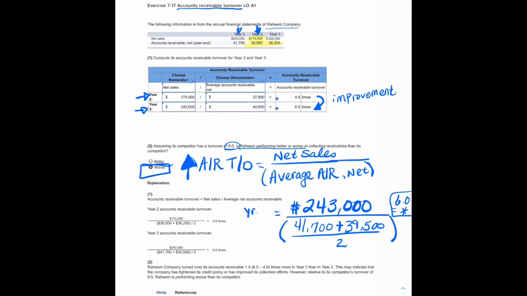So while we are turning over our receivables 6 times per year, our competitor is successfully turning over their receivables 9 times per year. Given the choice, all else equal, what I would prefer is to turn over my receivables 9 times per year. So that is the end of number 10, and with that we'll move on to the next question.